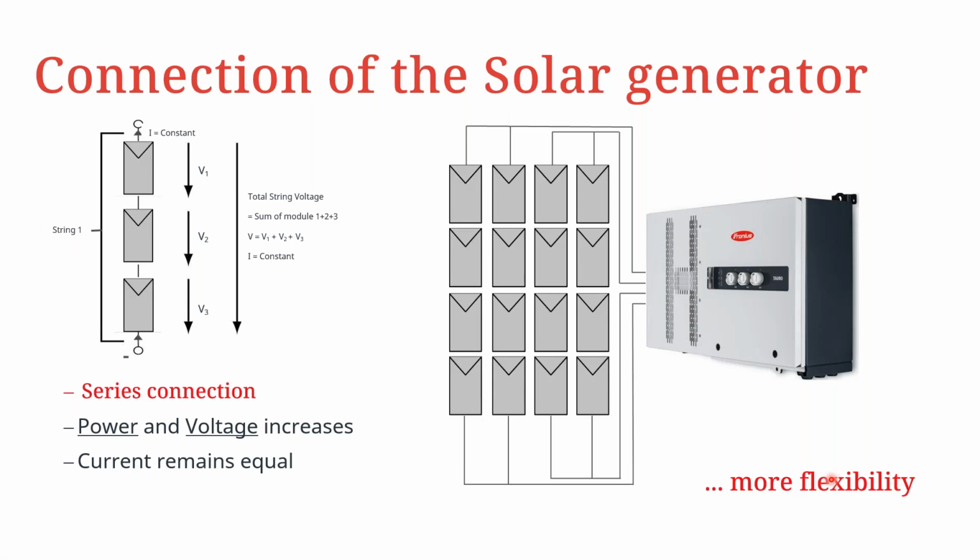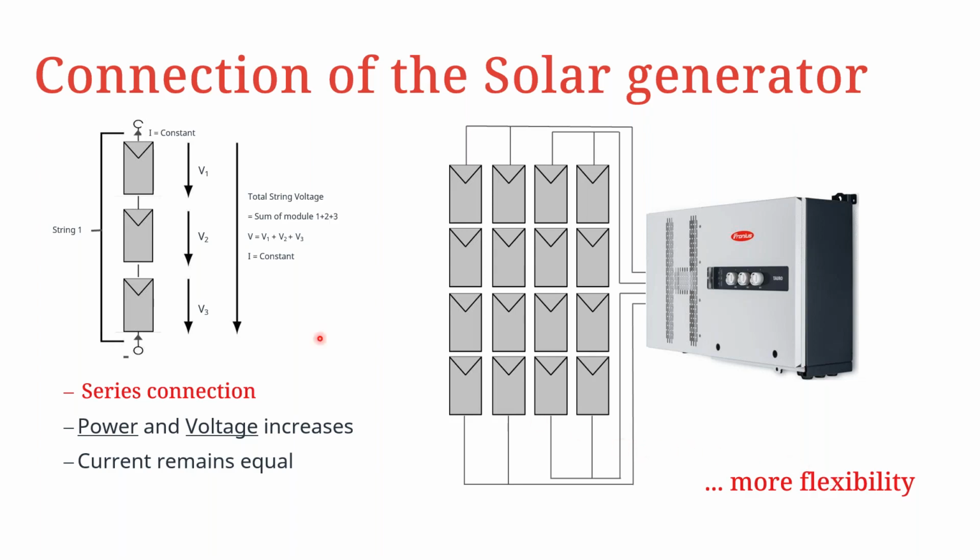Good. So having gone through our product list, let's now delve into the topic proper. Let's look at the mode of operation. For all string inverters, the modules are connected in series.